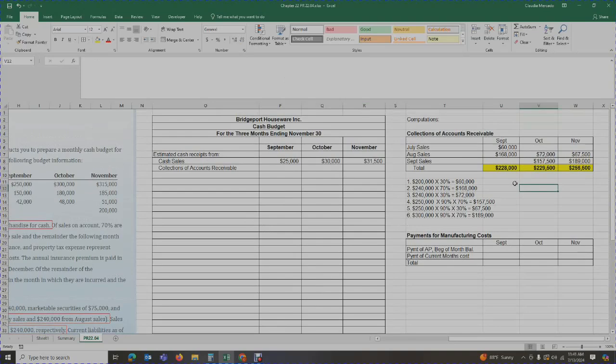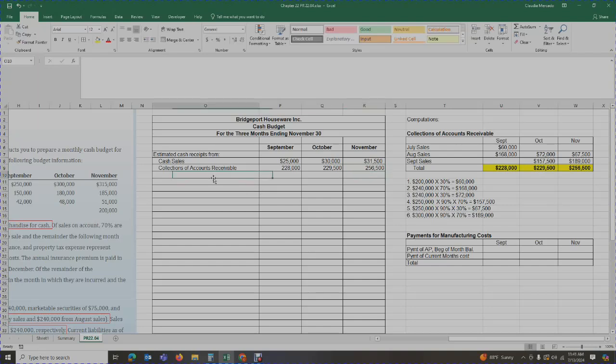Okay. So collections of accounts receivable for September, we're going to collect $228,000. For October, $229,500, and for November, $256,500. These numbers are coming from our calculations on the side, and all of the calculations have been included for your reference.